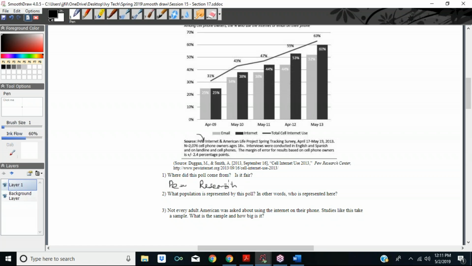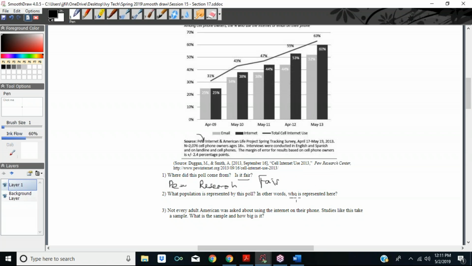The Pew Research Center, and it wants to know if it's fair. Did they randomly call people or did they target people? And yes, it is fair and random. Very good.